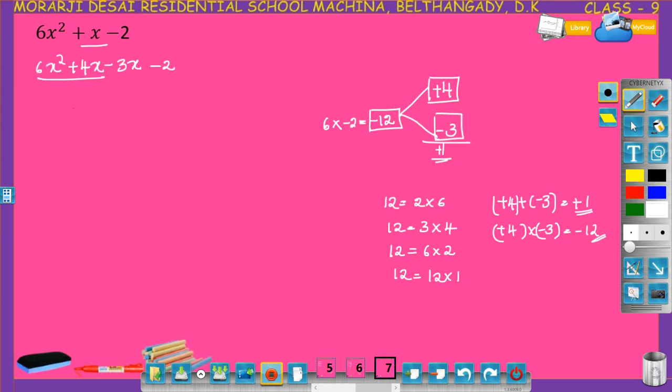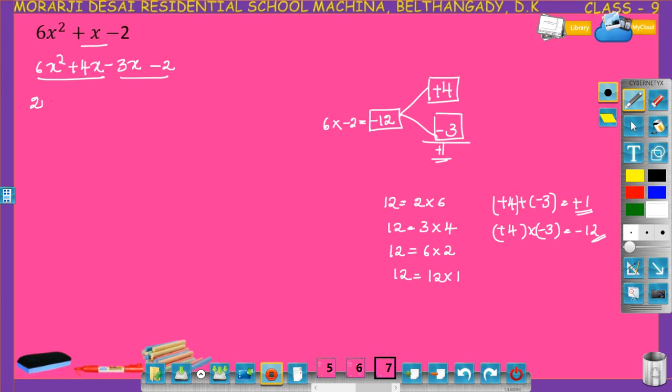Now grouping. Here, the common factor of 6 and 4: 6 and 4 are divisible by 2. So the highest common factor of 6 and 4 is 2.